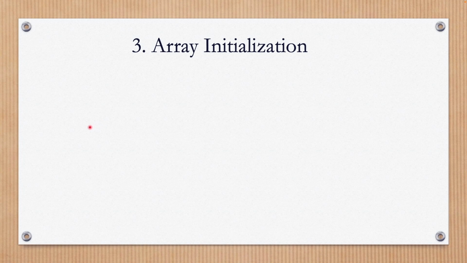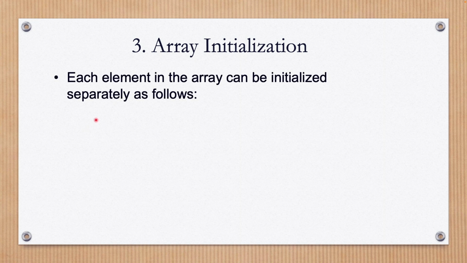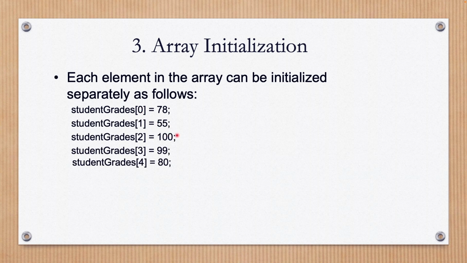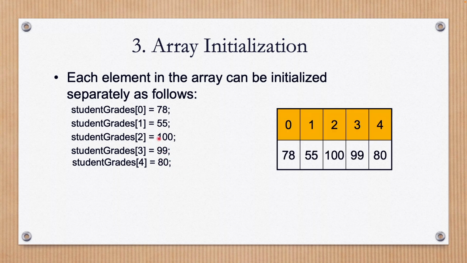All right, so now let's take a look at the array initialization part. Each element in the array can be initialized separately as follows. Once again, each element can be accessed by putting the name of the array and putting the index number inside of the square brackets. And we're assigning the value of 78 to the very first element, and 55 second, 100 third, and 99 and 80 and so on.